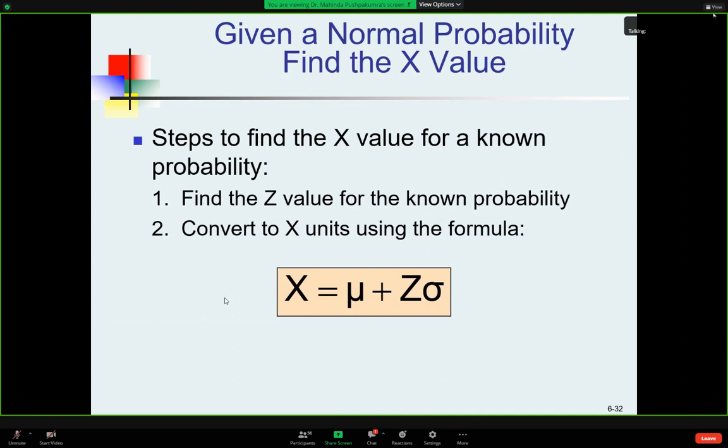Okay, then we will move to the next concept. Now I am going to explain how we can find the x value for the given probability. Now we know Z is equal to x minus the population mean divided by the standard deviation.